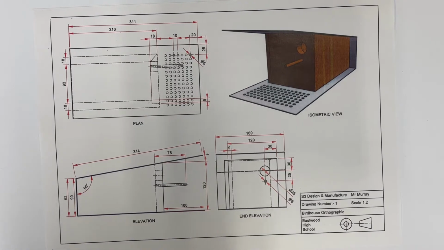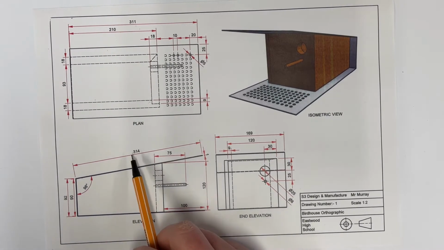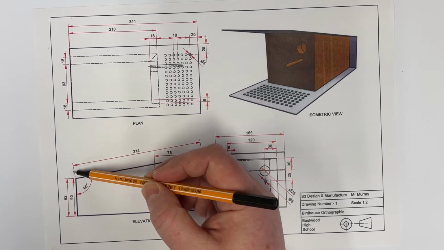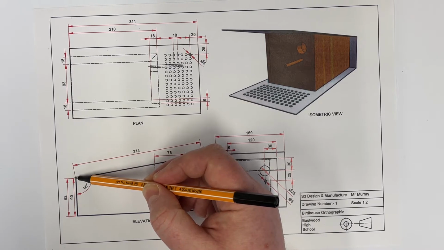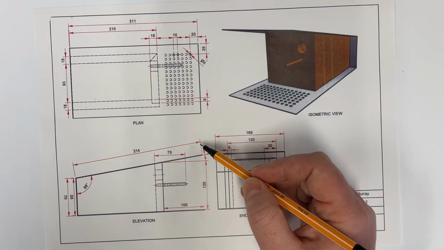In addition to that, we have to conform to British standards for dimensioning, which is BS 8888. And that basically means on dimension lines like this, we have to conform to leader lines, which do not touch the object. They're a couple of millimeters apart from it. And you'll find one of those at each side of the dimension.